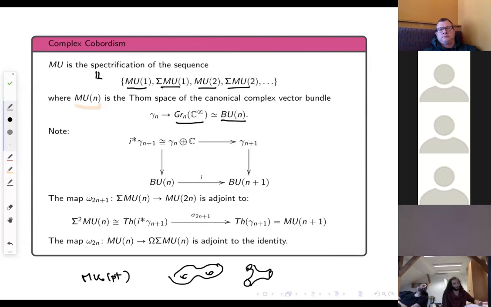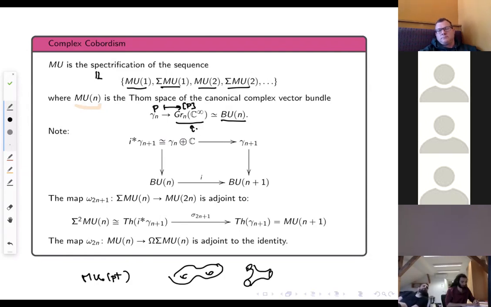Basically you have an n-plane inside some colimit of CNs, and the points here are planes, and the fibers of the bundle are the vectors in that plane.